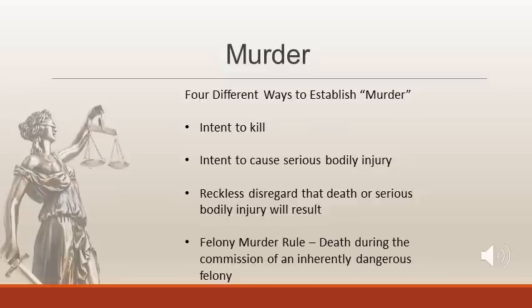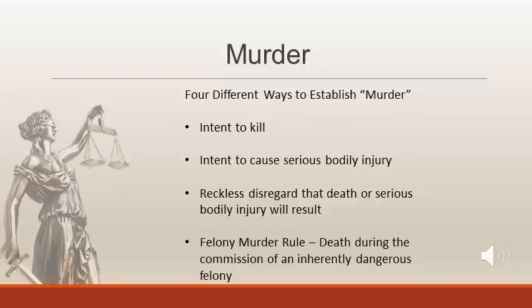The next way that we can establish murder is the intent to cause serious bodily injury. Well, this means that if you approached someone and you had a lead pipe on you and you started beating up this person and hitting them over and over and over again with the lead pipe, you didn't want to kill him, you just wanted to beat the crap out of him.